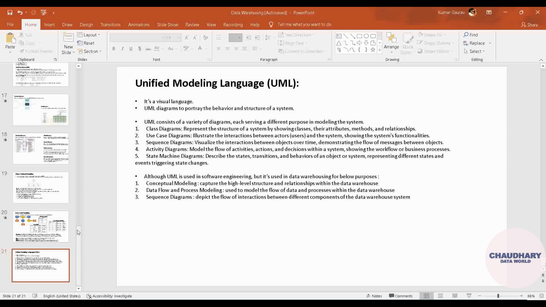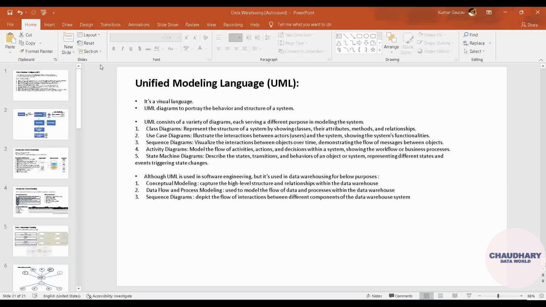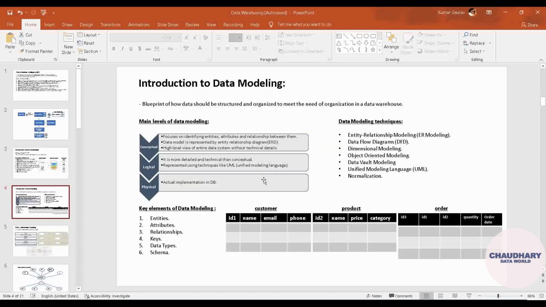Before moving ahead with unified modeling language, I will first show you what all other techniques there are in data modeling. So we saw entity relationship diagram and then data flow diagram. After that, dimensional modeling, object oriented modeling, data vault modeling.